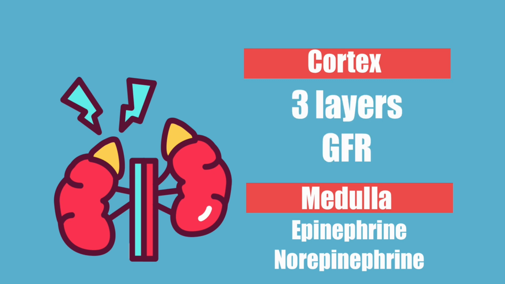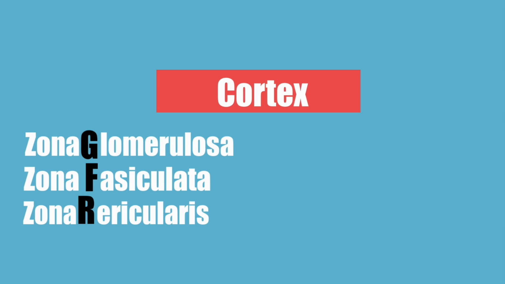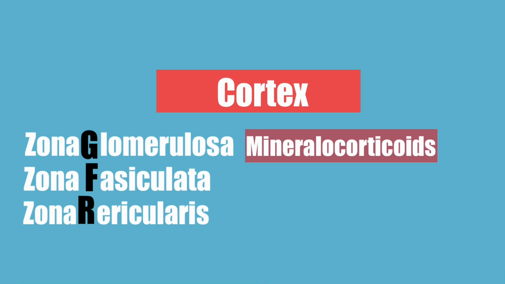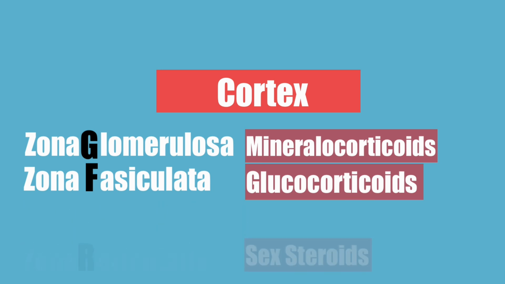The famous mnemonic is GFR. It consists of zona glomerulosa, zona fasciculata, and zona reticularis. The zona glomerulosa makes mineralocorticoids, the zona fasciculata makes glucocorticoids, and zona reticularis makes sex steroids. So for the sake of this video, our prime focus is going to be on mineralocorticoids and glucocorticoids.